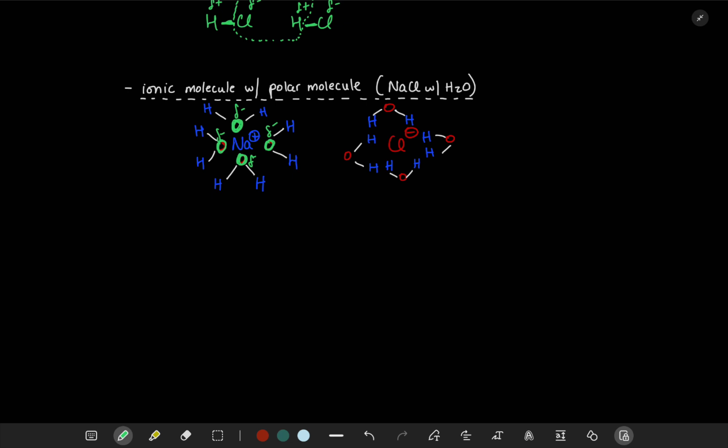And on the flip side, the partial positive pole in water, which is at the level of the hydrogen, so partial positive, partial positive, and so on, will be attracted to the negative charge in the chloride ion, right?